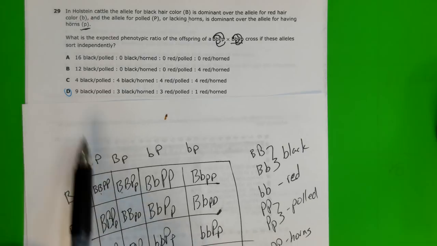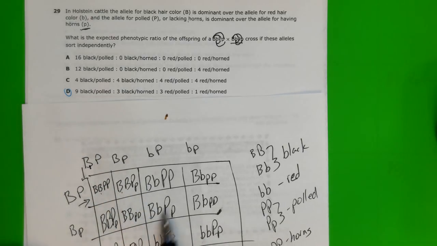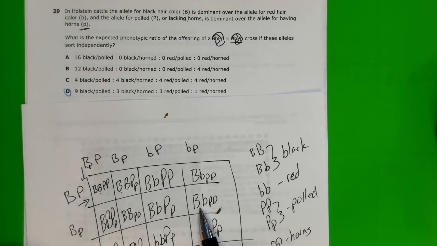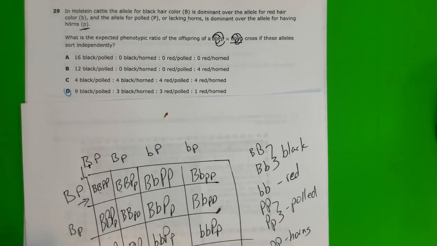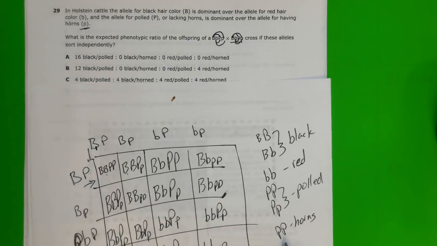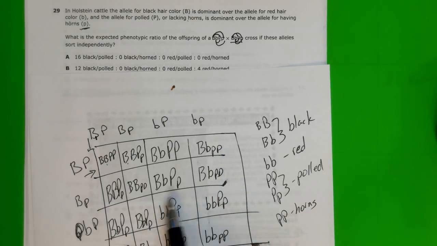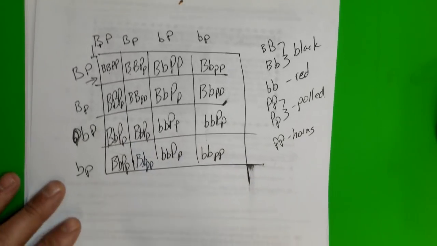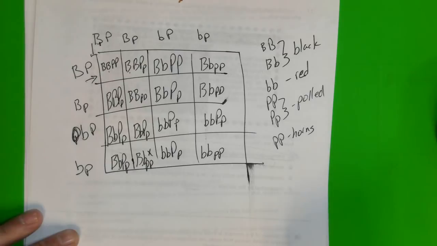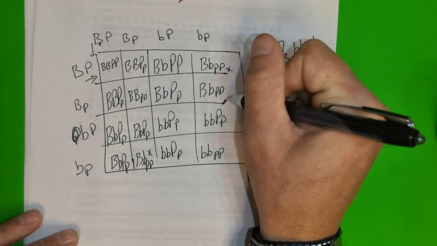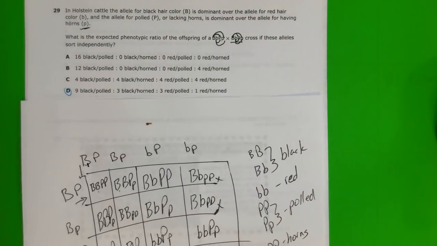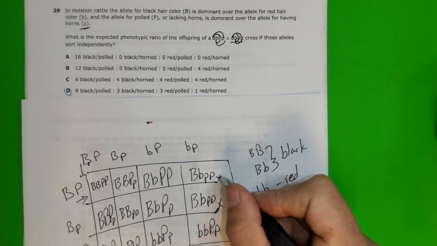So we have 1, 2, 3, 4, 5, 6, 7, 8, 9, 10, 11, 12. We have 12 that are black. Well, out of those 12 that are black, we see that 3 of them are going to be little p, little b. So 1, 2, and our third one is right here, 3. So it's going to be a 9, 3, 3, 1. So black horned are going to be these X's.